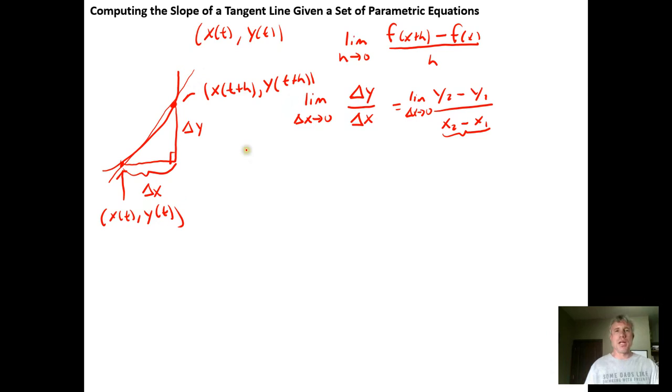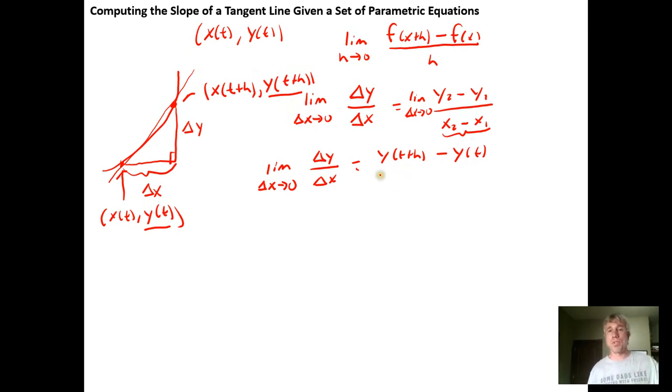So if you wanted to calculate the limit as delta x goes to 0 of delta y over delta x to get the derivative, we could take y of t plus h, the second y coordinate, minus y of t, the first y coordinate. There's delta y, described in terms of the parameterized variable.